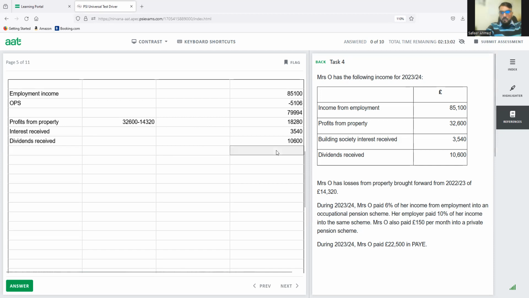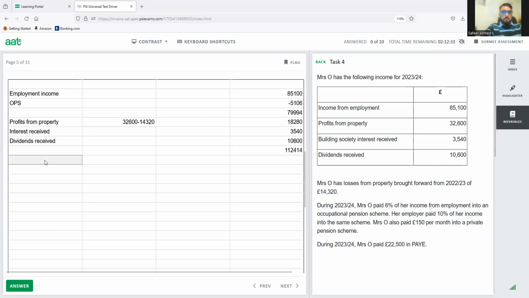So this will give you the total income before personal allowances. All you need to do is add up all of these incomes. So net employment income is 79,994 plus 18,280 plus 3,540 plus 10,600, which gives you 112,414.